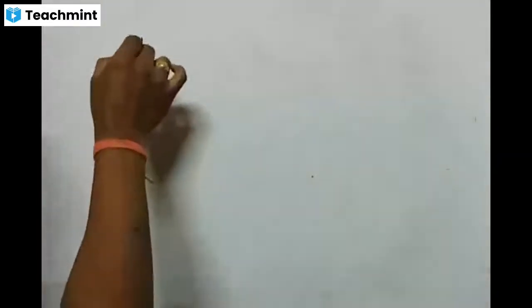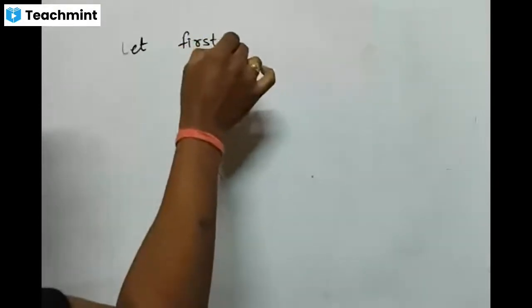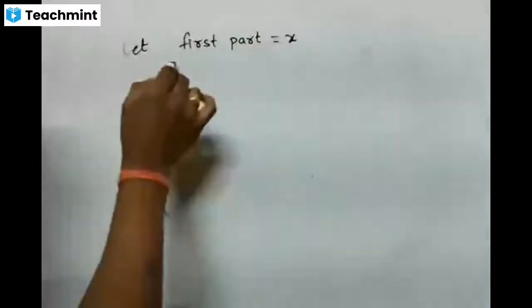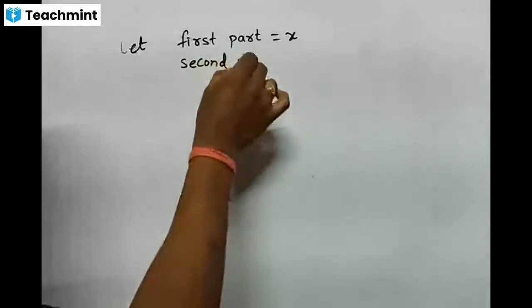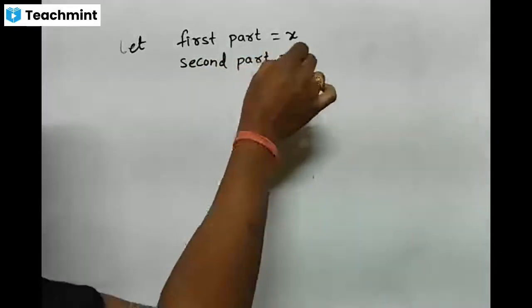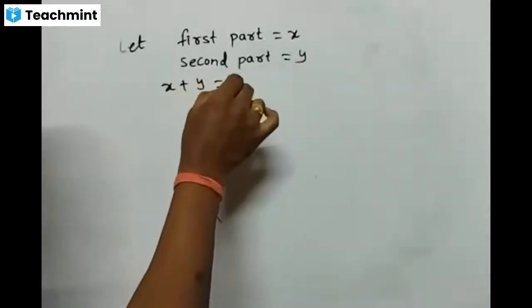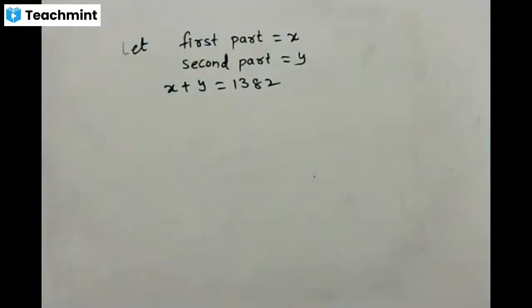So let the first part be X. The second part is Y. X plus Y together is 1382 pages. That is one condition.